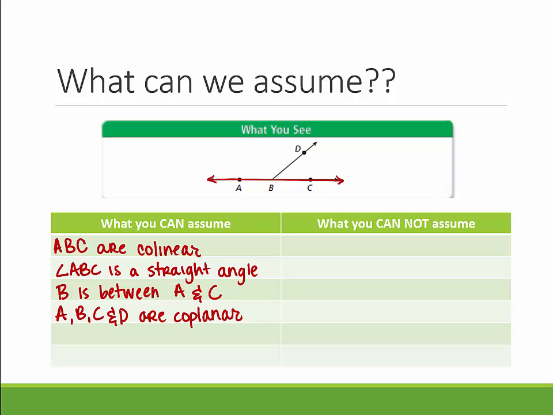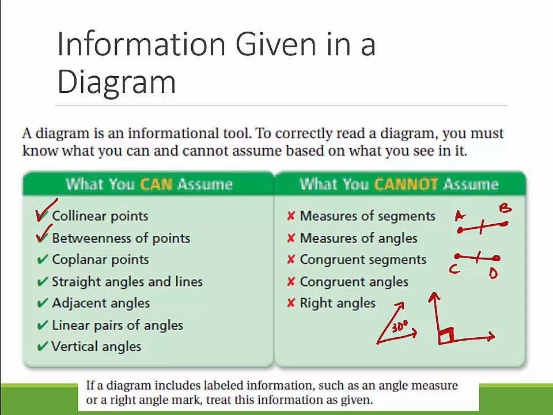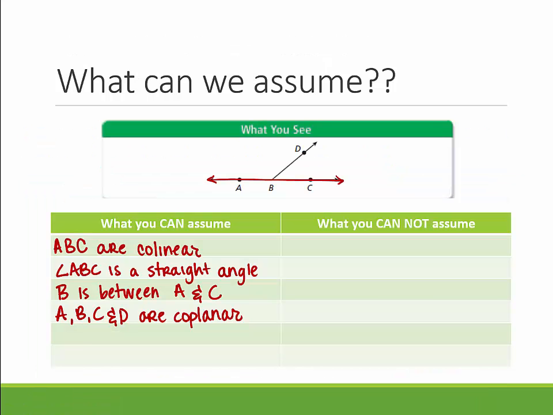They're all on the same plane. Straight angles and lines, we already just said that. We said they're collinear, that it's a straight angle. We could have line AB or line AC or BC. We know those are a line.